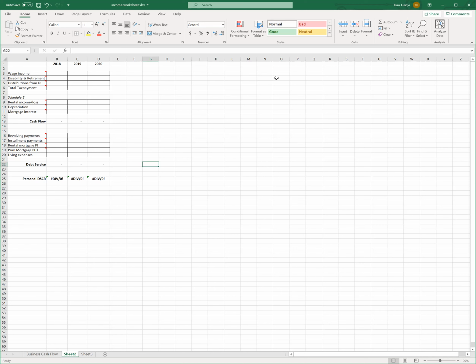There might be times where the business doesn't, but the personal can service the debt, and sometimes lenders will make exceptions for that, and vice versa. So I think it's super important to understand it. I think this is really helpful to give a very clear step-by-step way to do it that's simple but profound.